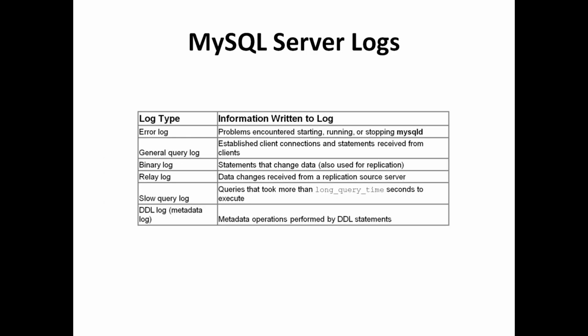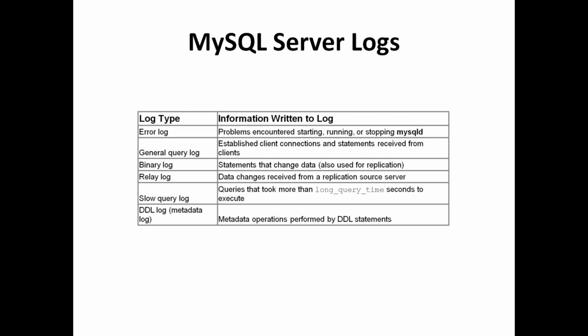MySQL Server has several logs that can help you find out what activity is taking place. These are some of the logs which you can find in MySQL Server. By default, no logs are enabled except the error log on Windows. By default, the server writes files for all enabled logs in the data directory.